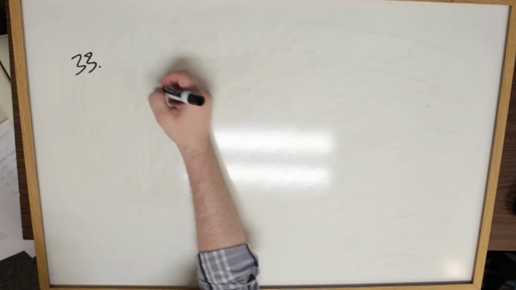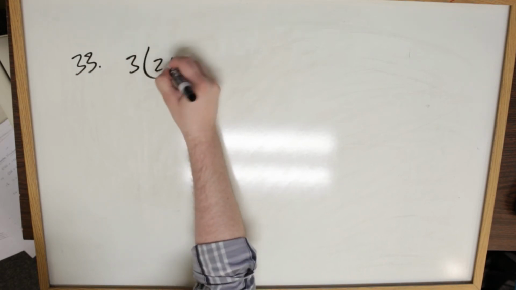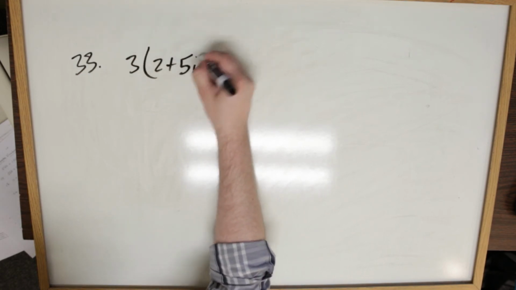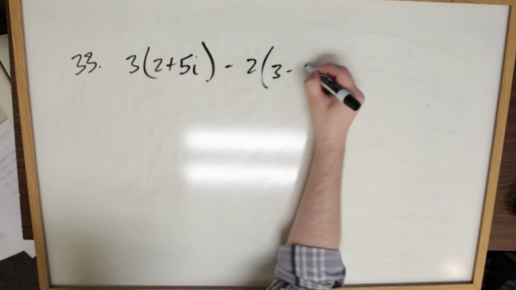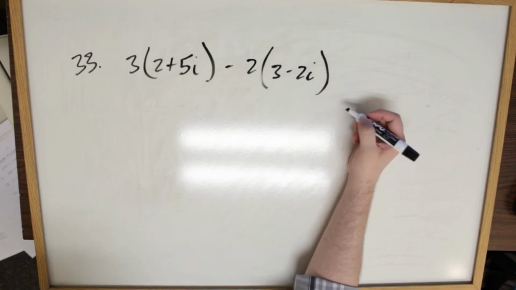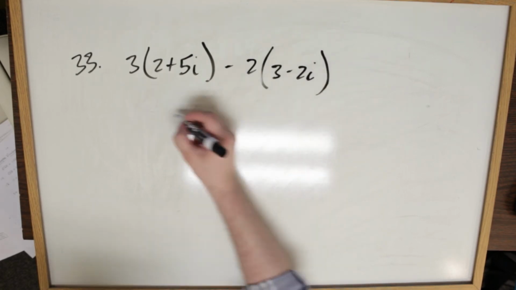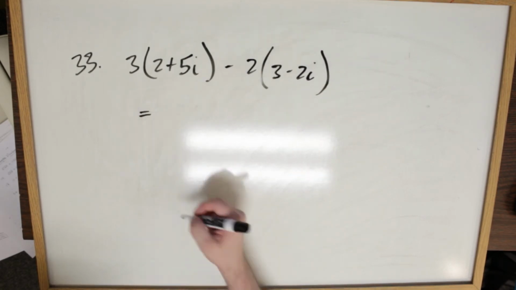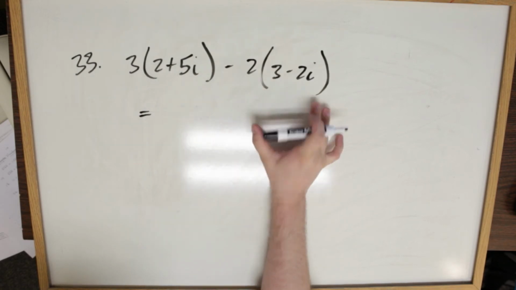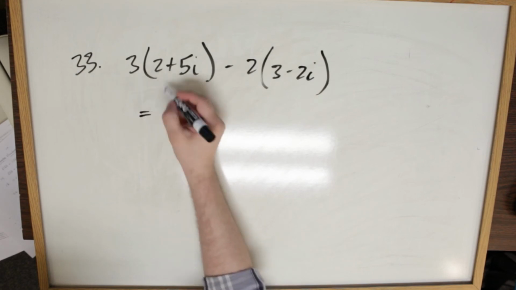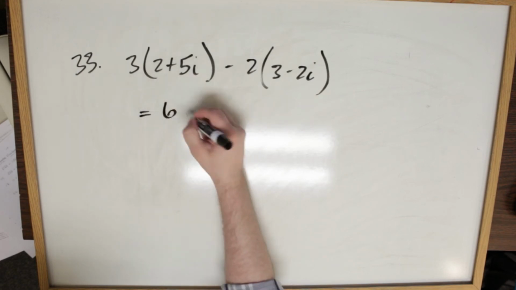This is going to be 3 times 2 plus 5i minus 2 times 3 minus 2i. Okay. So again, let's first off multiply and distribute those numbers through each piece. Okay, so 3 times 2 is 6. 3 times 5 is going to be 15.